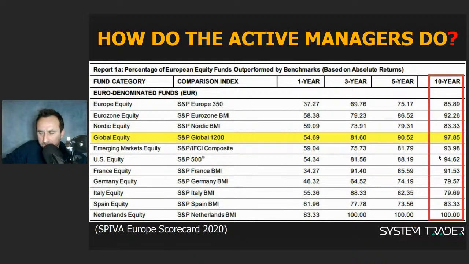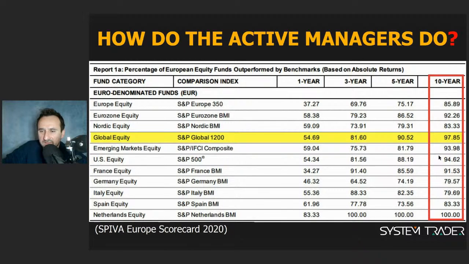So imagine if you would like to choose the active manager to manage your money, how do you want to pick the one which will beat the market when 97% of them are beaten by the market after 10 years?